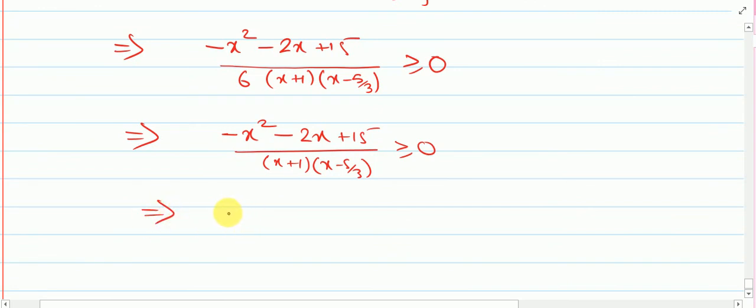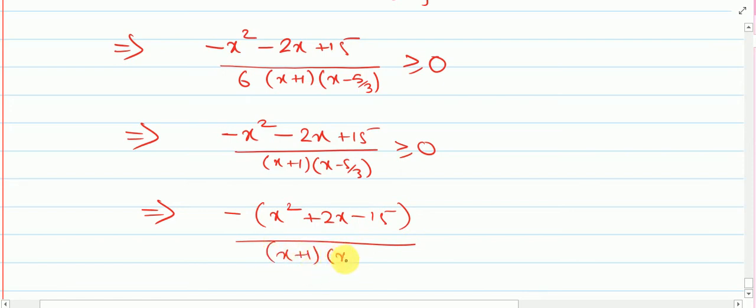Then you can write minus x square plus 2x minus 15. Now in the numerator you have a quadratic expression, so try to factorize it.